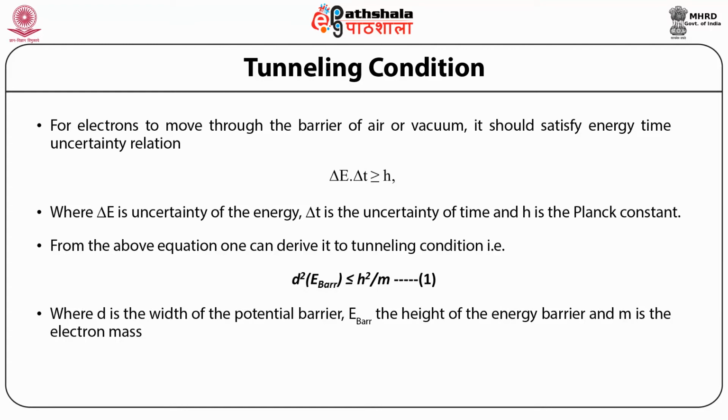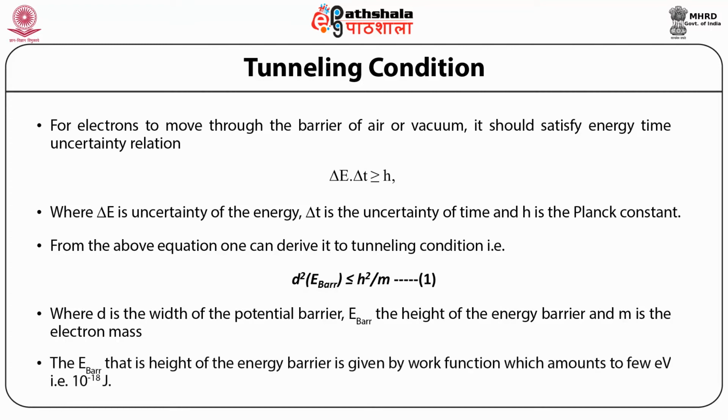To further understand how the tunneling condition gets satisfied, let us assume the tip is a distance d from the substrate, that is 10 raised to the power minus 9 meters. The E bar, that is the height of the energy barrier, is given by the work function, which amounts to a few electron volts, that is 10 raised to the power minus 18 joule.